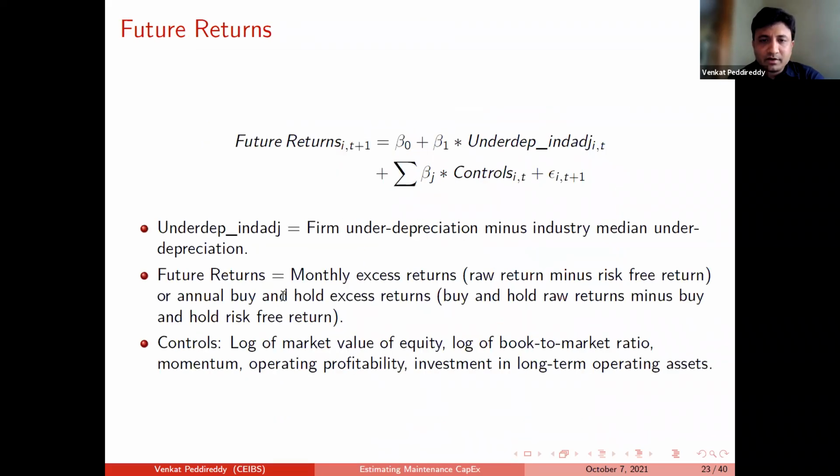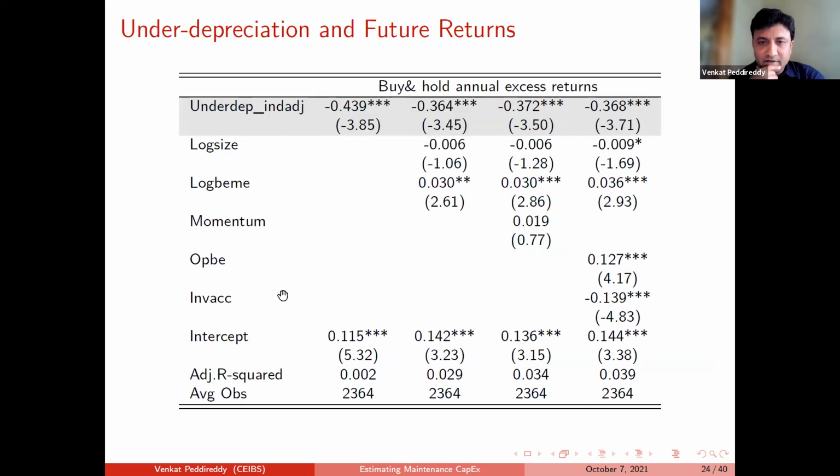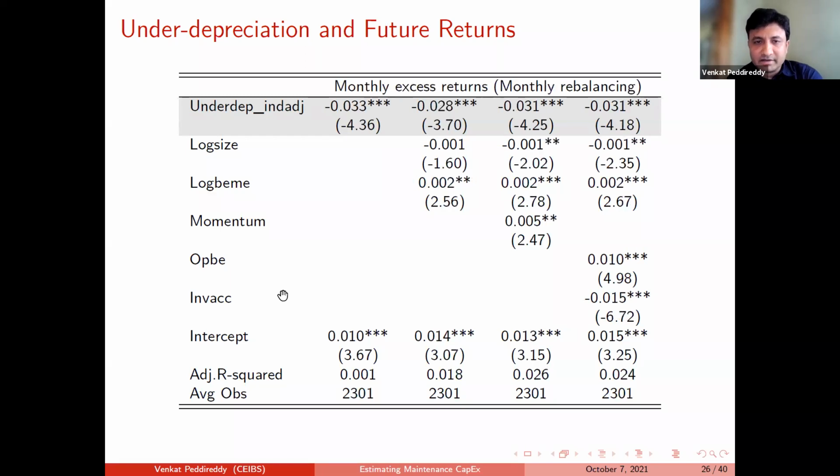And for returns, if investors do not fully price this information, or they miss this in some way, you'd expect they'll be negatively surprised in the future because you have negative future earnings, and then you have negative returns, right? So I do Fama-MacBeth regressions to show that the industry-adjusted under-depreciation has a negative association with future buy-and-hold annual returns and also the monthly returns.